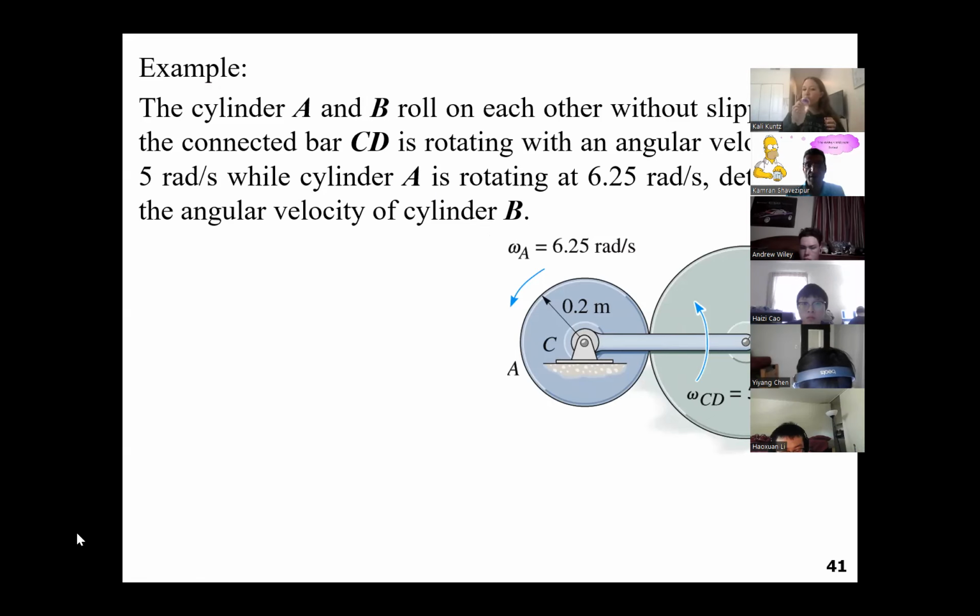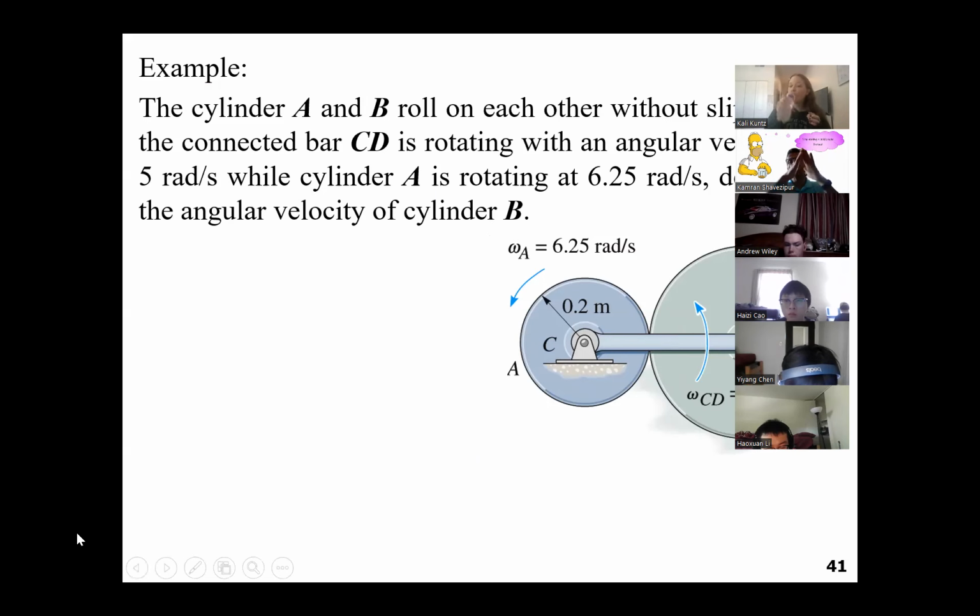When you have two rollers, you see the rollers roll. If there's no sliding and rollers roll, that point of rolling has the same velocity for the right and left object. For the gears, because of the teeth, they cannot slide, so it kind of rolls, right? So the contact point has the same velocity for the two objects.